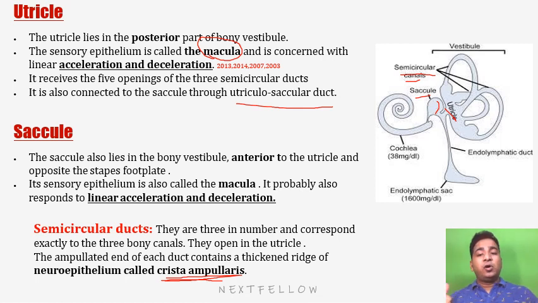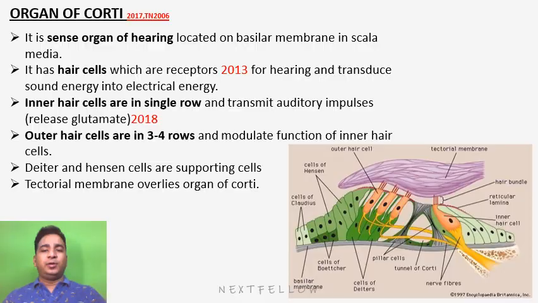And we all know about the otolith. Have you heard about otolith? That is responsible for BPPV. So these otoliths, or otoconia, are calcium carbonate crystals. When they move, they can stimulate this crista ampullaris. They basically dislodge into the semicircular duct from the crista ampullaris.